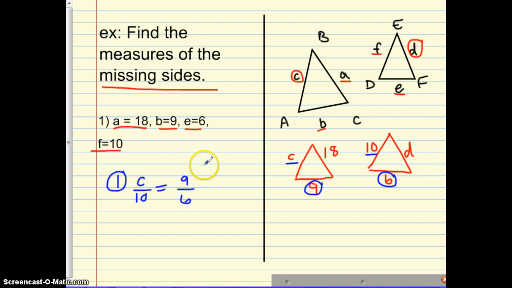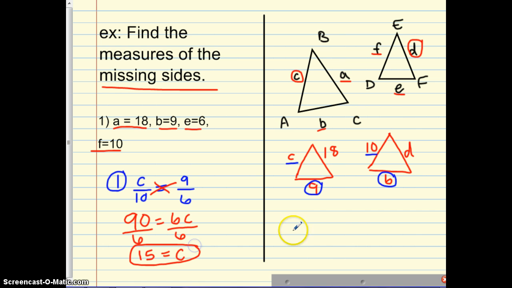Then you solve using your cross products. We multiply this way and get 90, and we multiply this way and we'll have 6C. Divide by 6, divide by 6. So C is 15. So that's one of our missing sides.